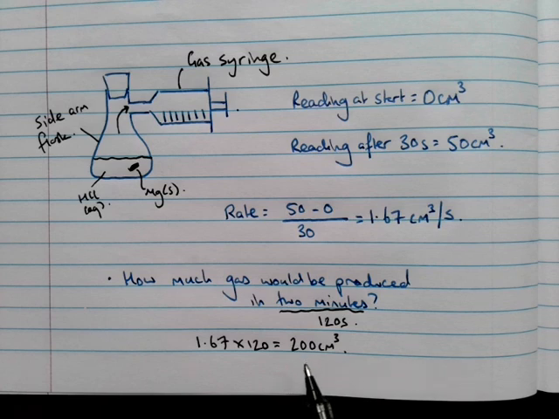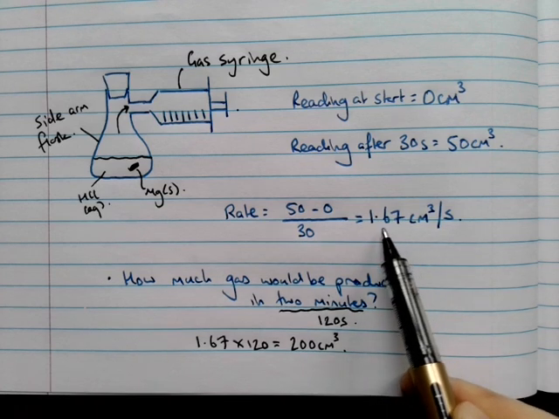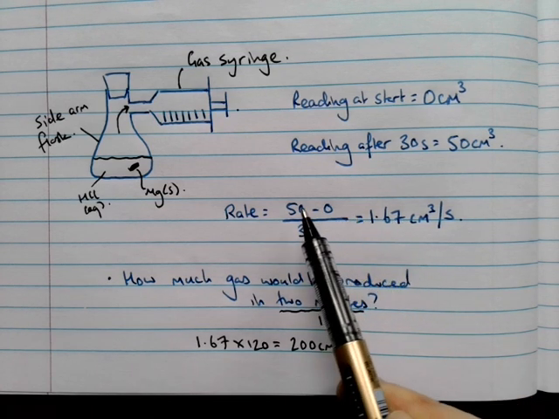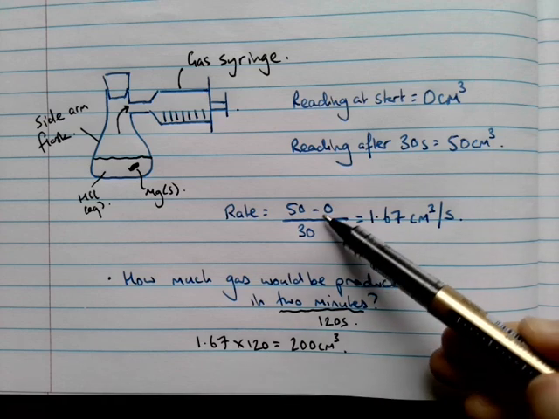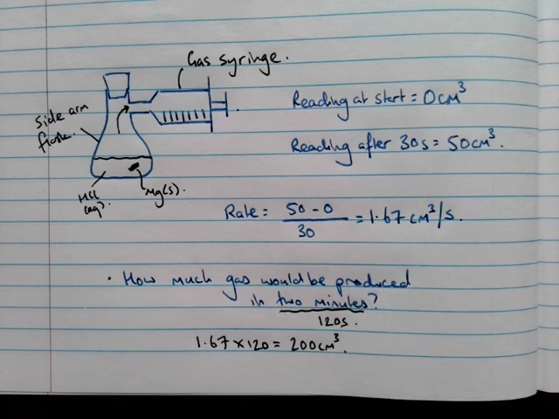If you got 200.4, then it's because you were using 1.6. I didn't use 1.67. I used 1.666666 because that's the actual value of that.